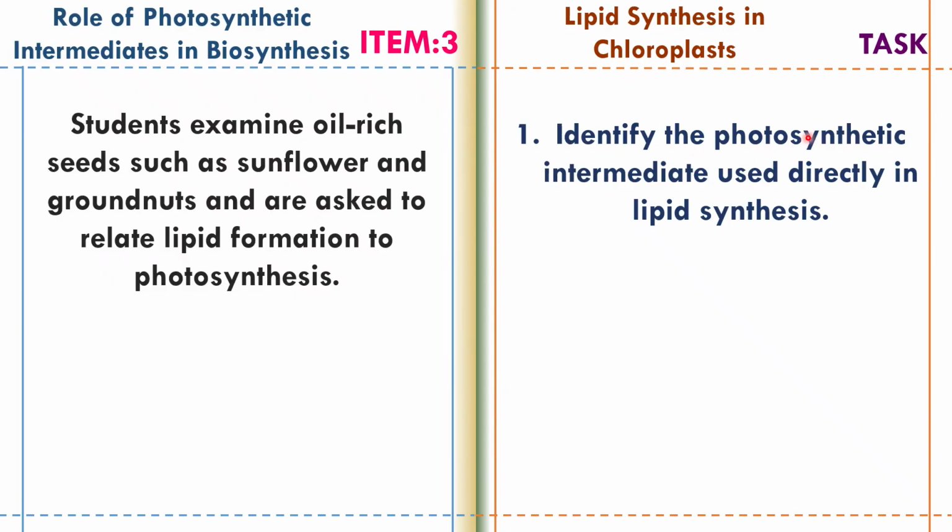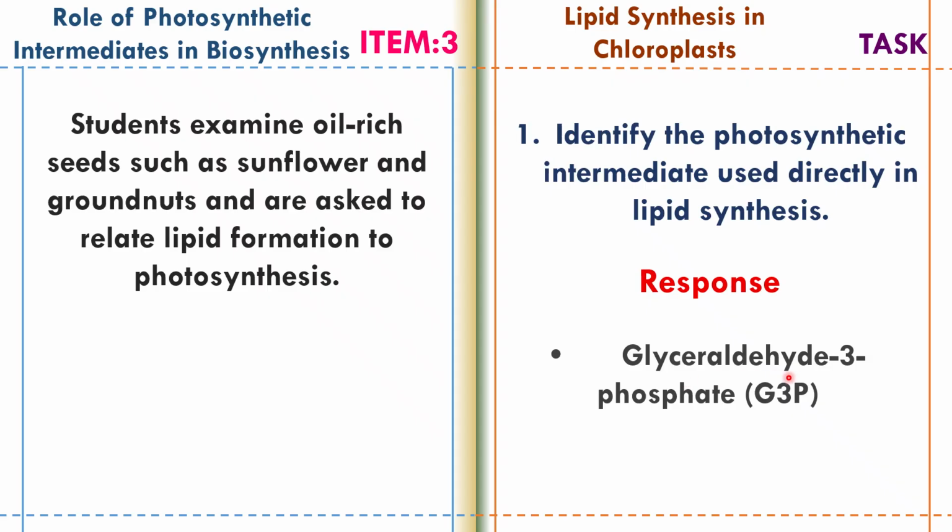Identify the photosynthetic intermediates used directly in lipid synthesis. We have glyceraldehyde 3-phosphate, G3P.